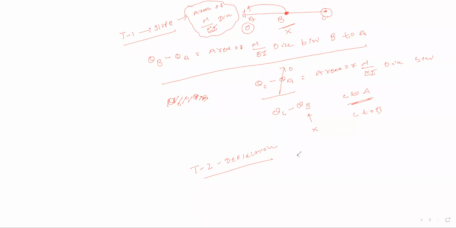So can I say YB minus YA, or you can also consider delta B minus delta A? Why have I considered delta A? Because I know that both values become 0 as per the boundary condition, as already discussed in Macaulay's method. Yes or no?